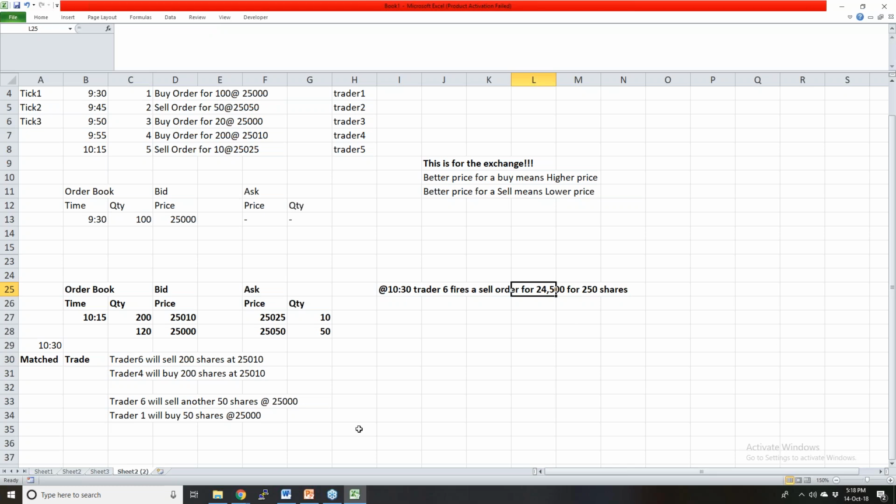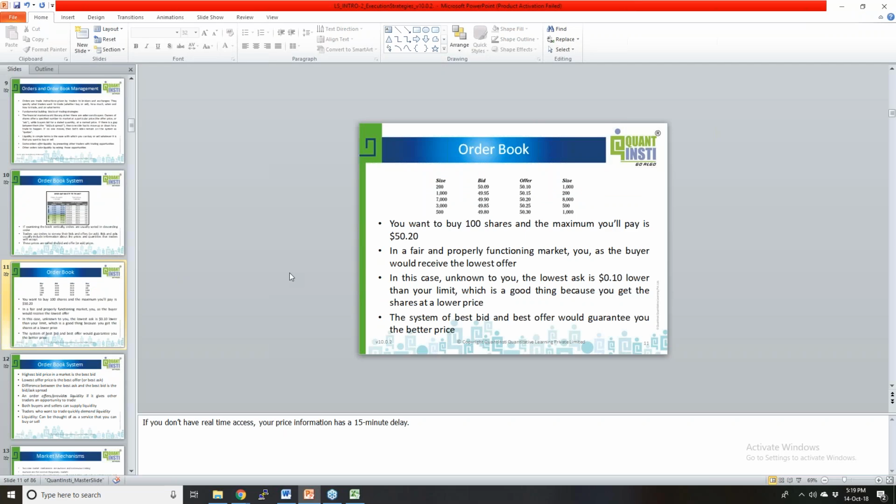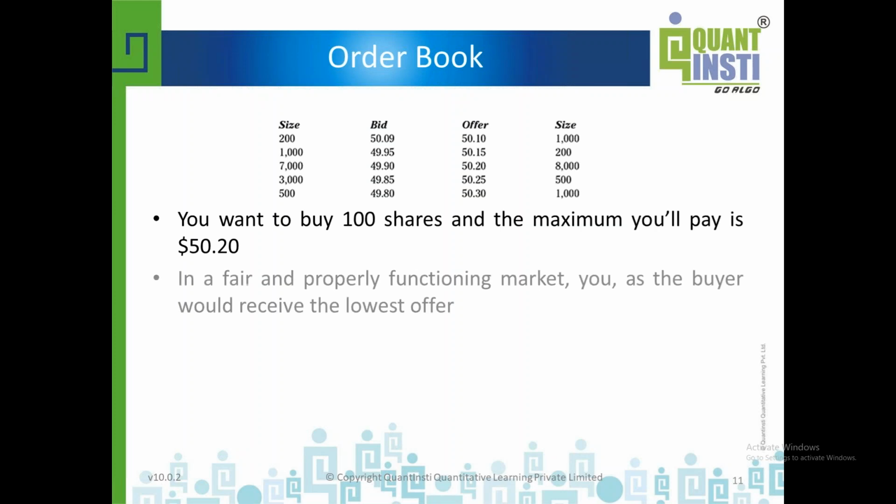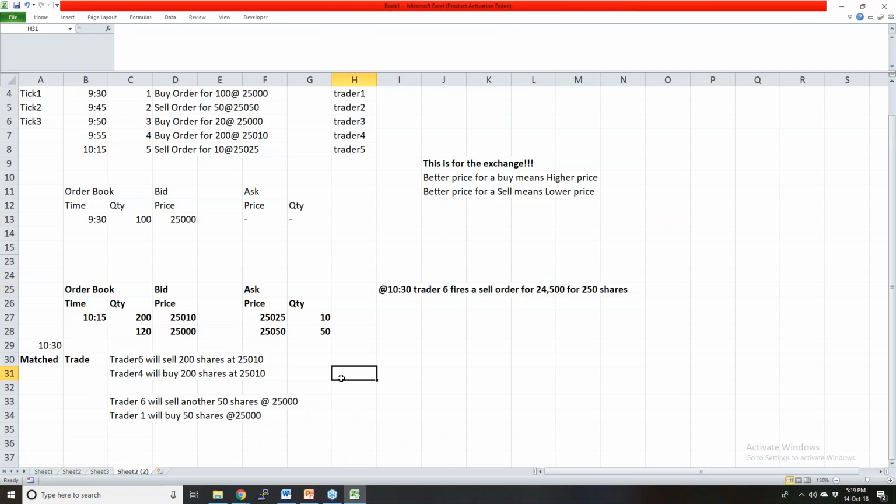Remember, in a fair and properly functioning market, the person who wants to make a trade gets the best possible price. So there's an existing order book, and if I want to make a trade from that order book, I want to remove liquidity from it.